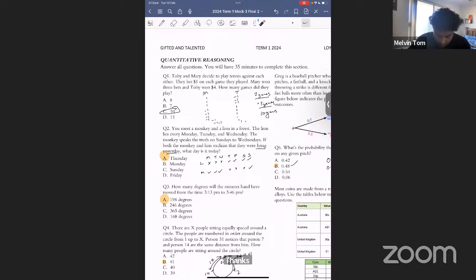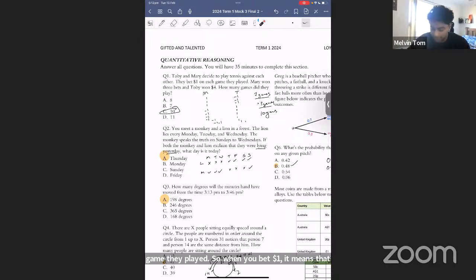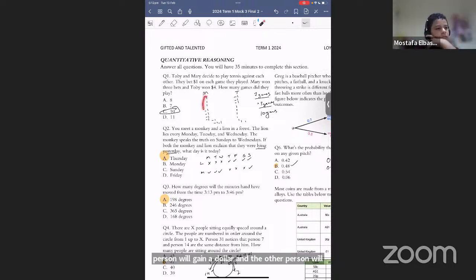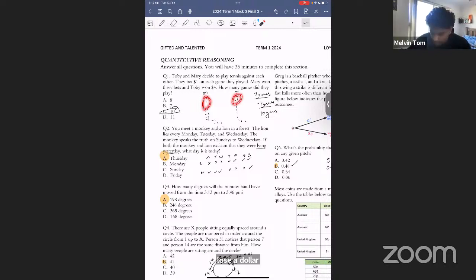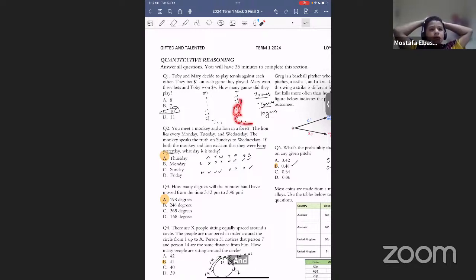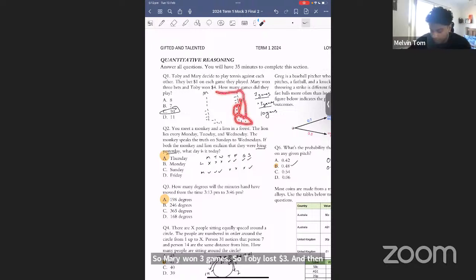Now, question number 1 says Toby and Mary decide to play a game against each other. They bet $1 on each game they played. When you bet $1, it means that one person will gain $1 and the other person will lose $1. So Mary won 3 games, so Toby lost $3. And then Toby won another 3 games to go back to being even. And then Toby had to play 4 games to win $4 in total.